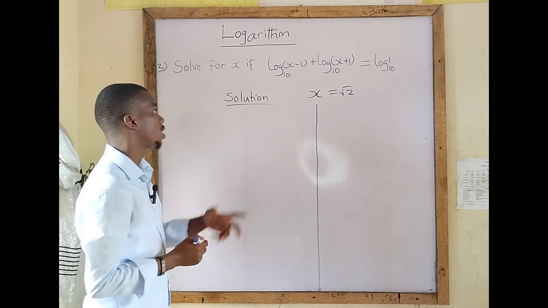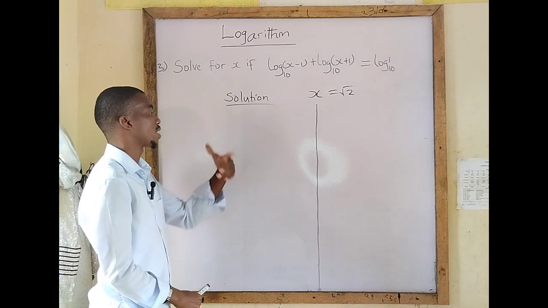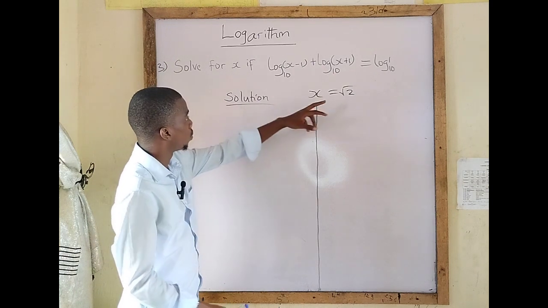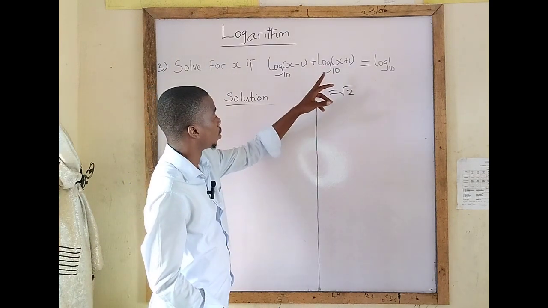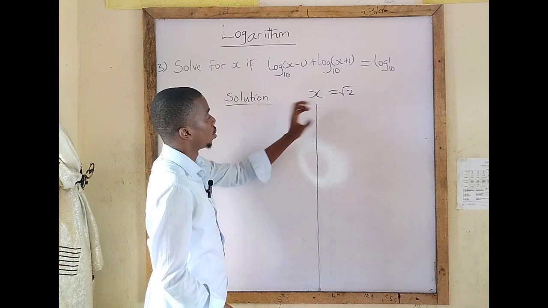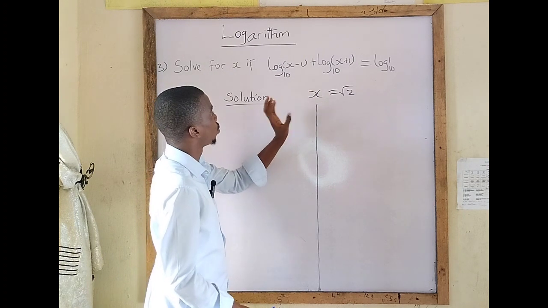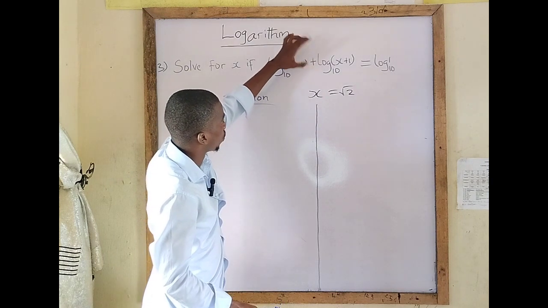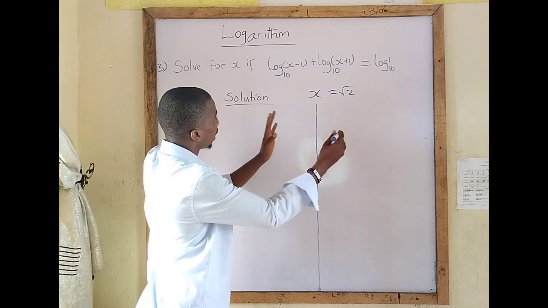If we substitute root 2 for x in this equation, we should obtain a balanced equation.